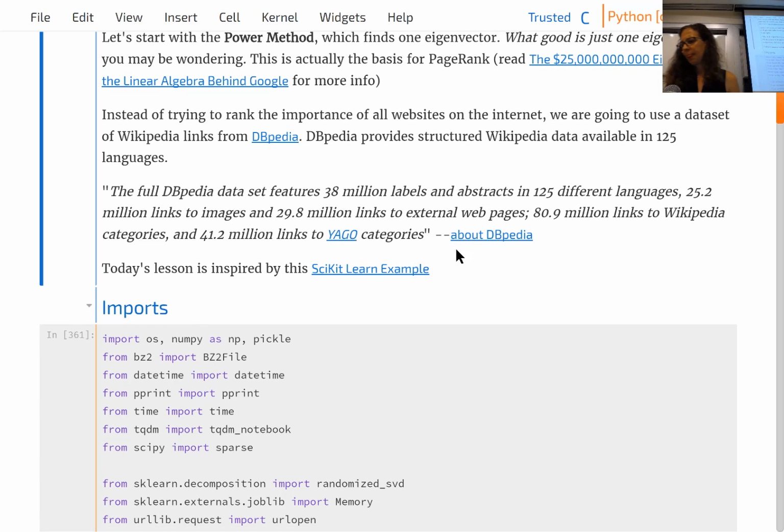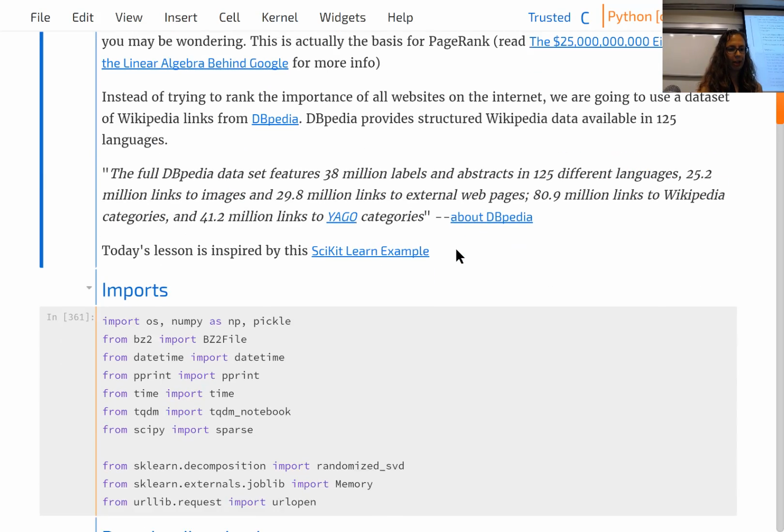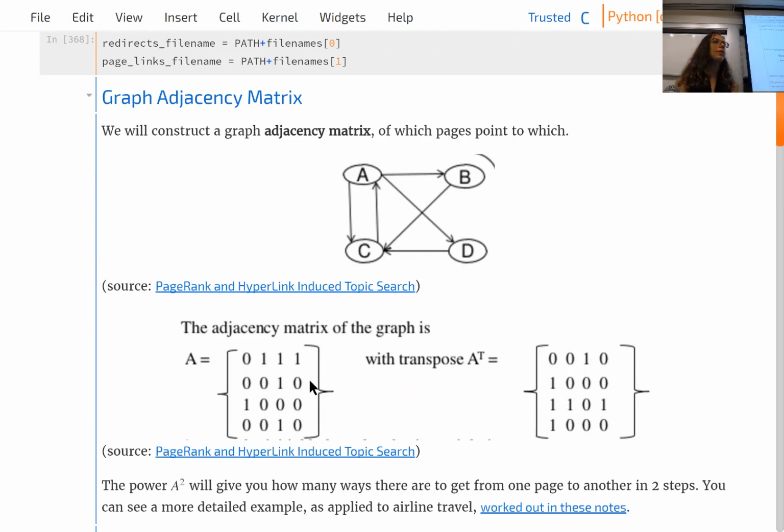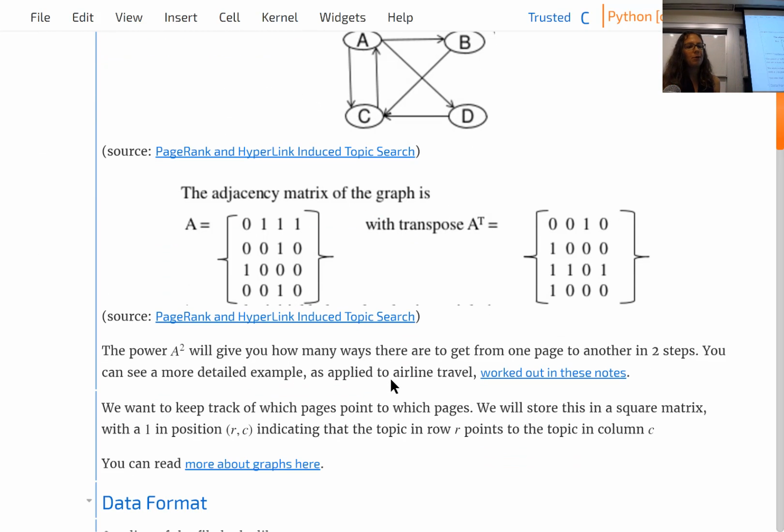Is there some meaning to the actual values in the matrix after you keep multiplying them? Yeah, we had our original matrix, which was the graph adjacency matrix, and those were 0s and 1s. Once you start taking powers, they can be any integer values, and that's giving you the number of ways you could get from page A to page B in k steps.